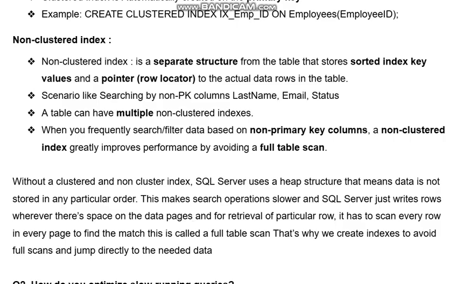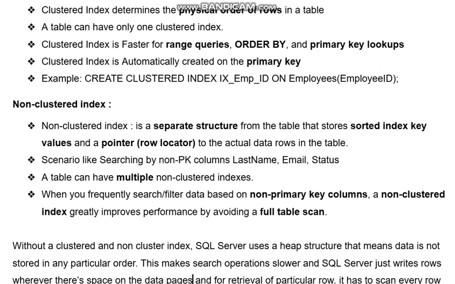This is called a full table scan. That's why we create cluster and non-cluster indexes, to avoid full table scans and jump directly to the data needed. This is the use of cluster and non-cluster indexes.